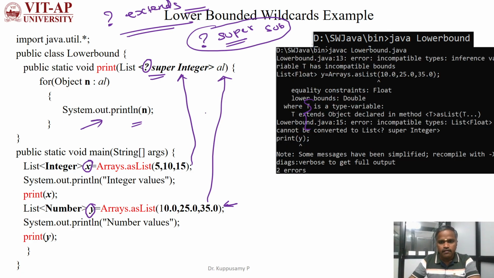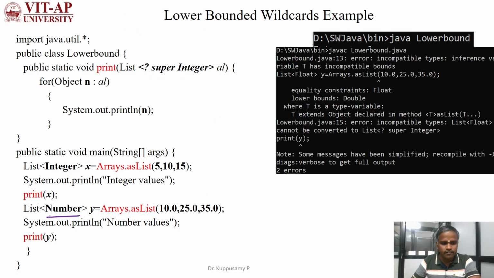So here we see, when you are passing float instead of number, float is not a superclass to integer. Integer is the subclass of some class, and that class is Number as per Java generics.